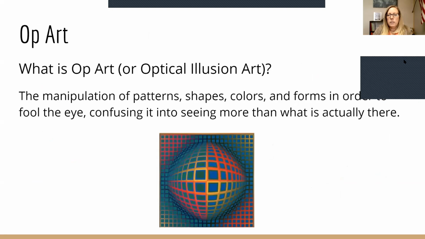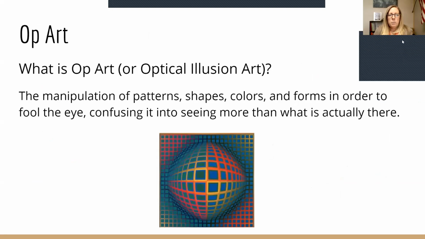So our project is going to be op art. So what is op art? Op art, or optical illusion art. So just like it is in its name, it's a style of art that intentionally exploits that oddity of human perception that gives the human eye the ability to deceive the human brain.